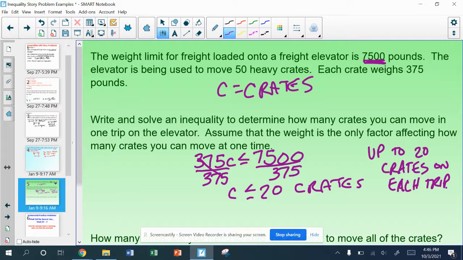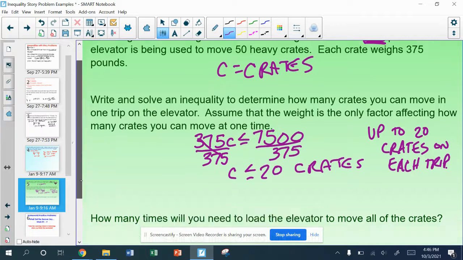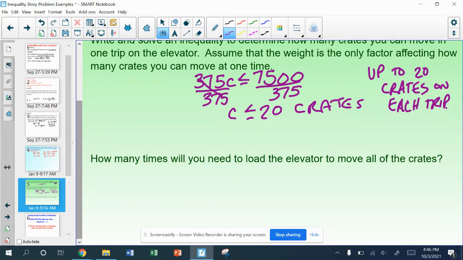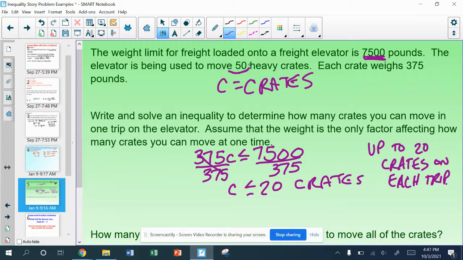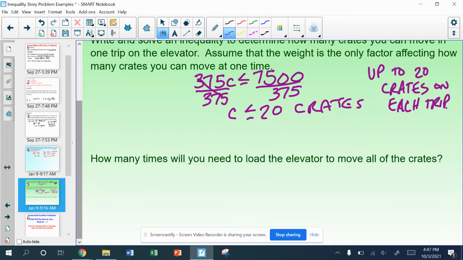That's the maximum number, and that is like maxing out the weight, because if I have 20 crates, that would be exactly 7,500. But it also asks me now, how many times am I going to have to run the elevator to move all the crates? So remember, I had 50 crates to start with. Well, if I would run it twice, that would only be 40 crates. So I'm going to have to run this 3 times.